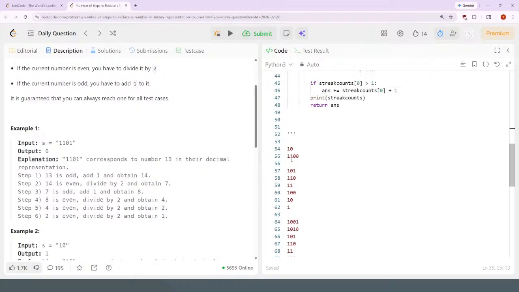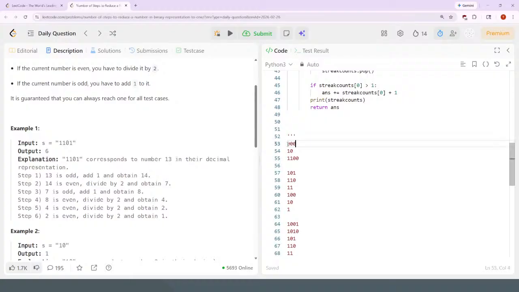So for instance, if there were three zeros here, it uses three operations to make this 0 into a 1 and kind of get rid of this other stuff.